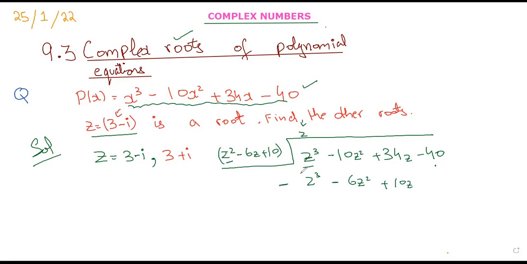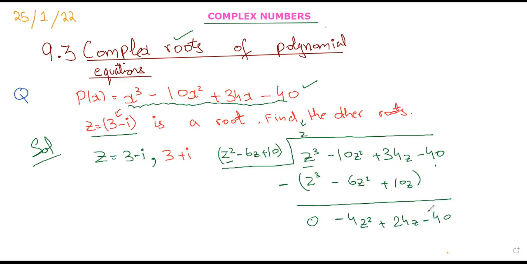This would be subtracted. So z cube minus z cube is 0. Minus 10z square plus 6z square would be minus 4z square, and plus 34z minus 10z is plus 24z, and then minus 40 will come as it is.